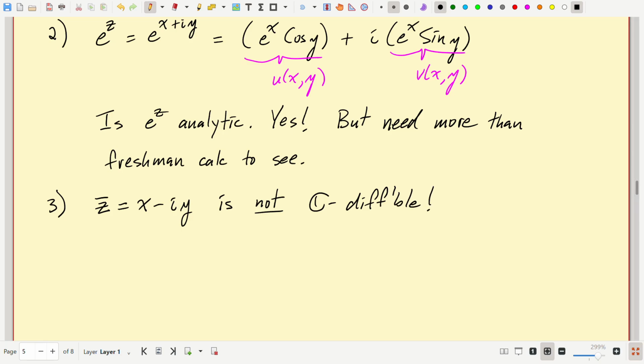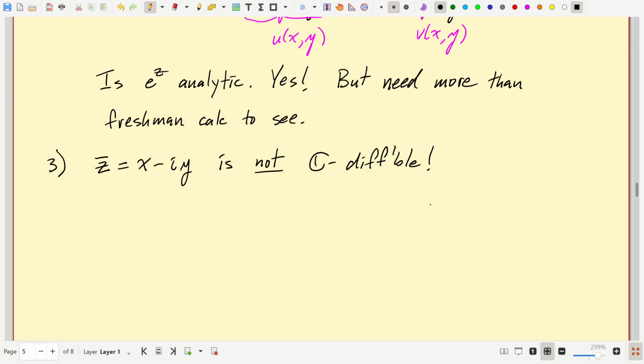So even though the u function and the v function are perfectly nice, infinitely differentiable in x and y, that thing is not complex differentiable. And let's see why not.